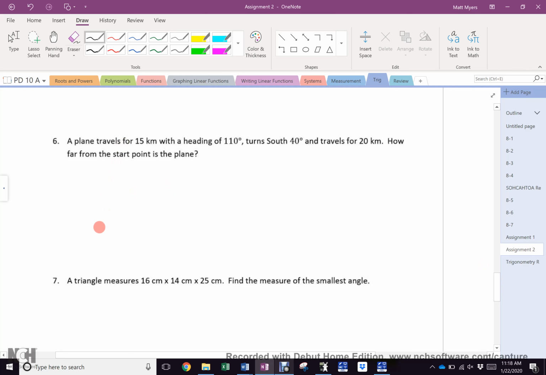So a plane travels for 15 kilometers on that heading. So I'm going to use dotted lines. Actually, I'm going to use highlighter lines. 110. Where's 110? Right here.